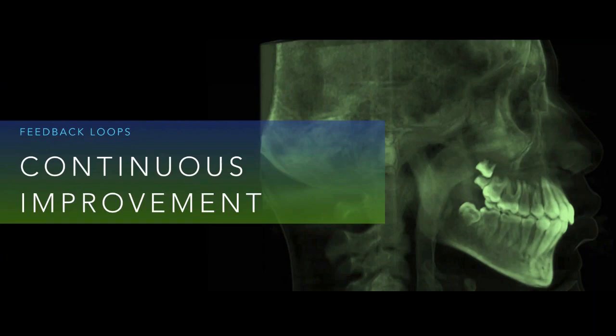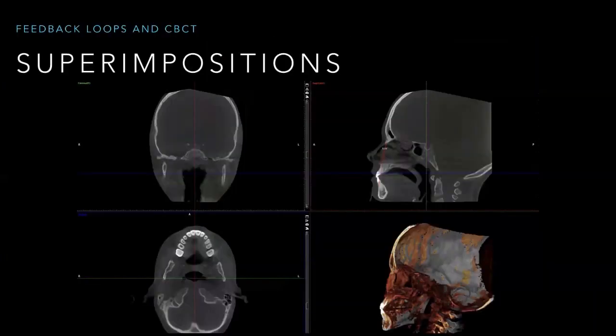The ability to superimpose in 3D versus just trying to superimpose ceph tracings, which can be incredibly inaccurate, and you can kind of bluff a little bit on those, really forces you to be honest with yourself, because you're superimposing in 3 dimensions of space and able to get a very accurate depiction of what the effect is of the treatment mechanics that you've used. So CBCT is very helpful for that.